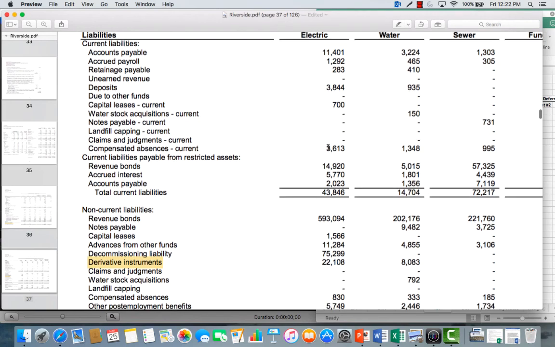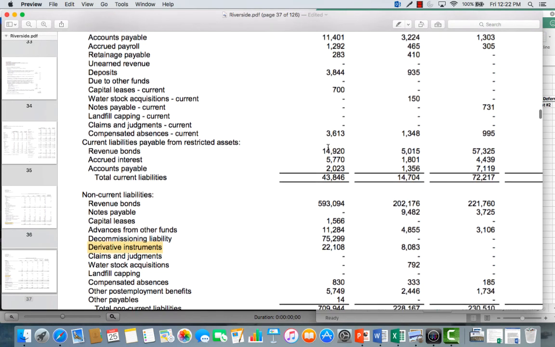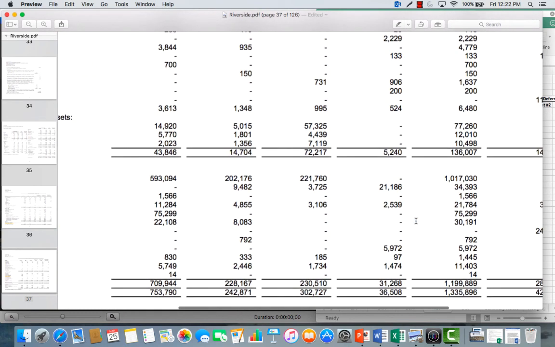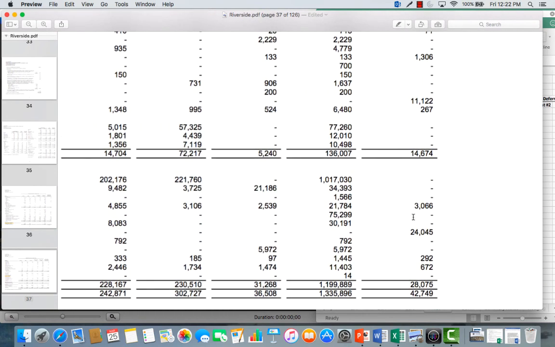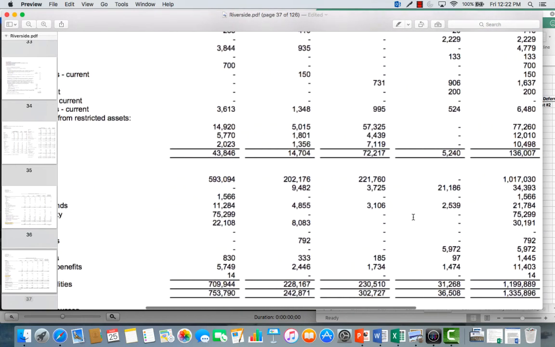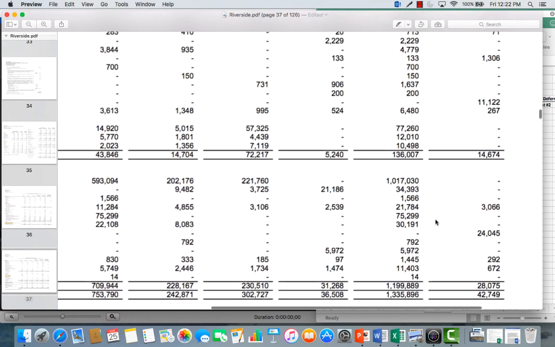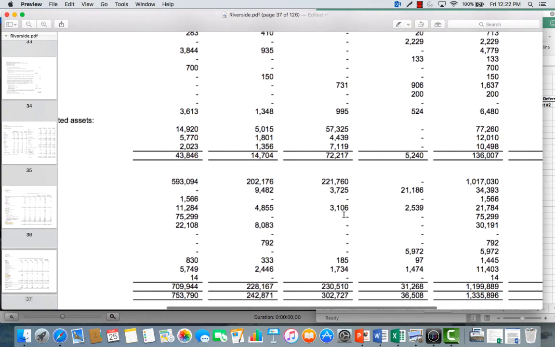Look under the liabilities now, and we can see that, in fact, there is a liability listed here, derivative instruments, with some amounts underneath the enterprise funds. But again, nothing in the internal service funds. This is the line right here, and there's nothing here.